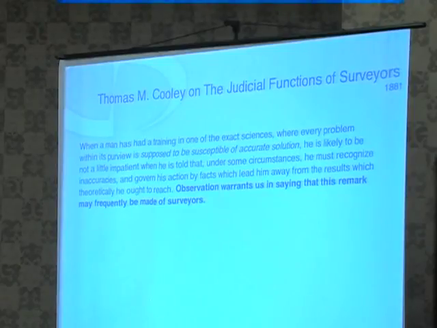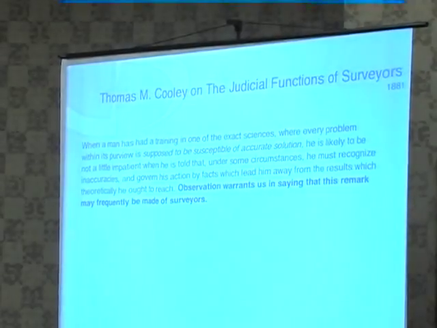But the practice of medicine, like the practice of land surveying, is an art. We use the science to help direct our decisions, but it's the art that we are really licensed for, that we're making these decisions based on.